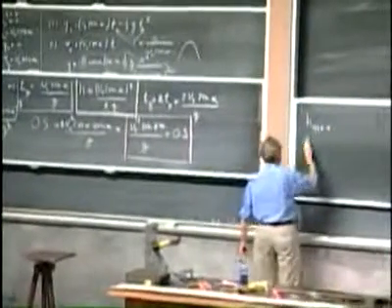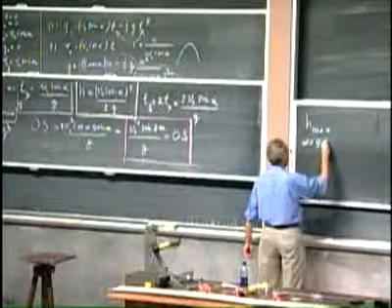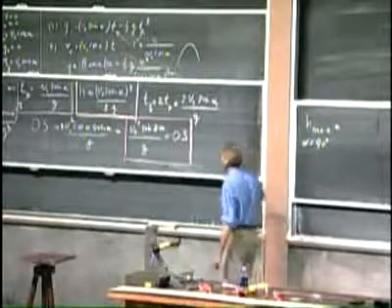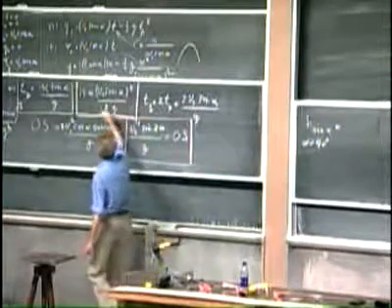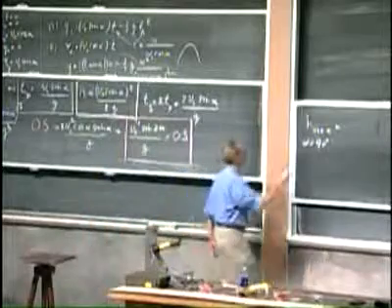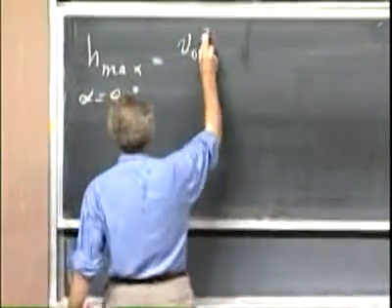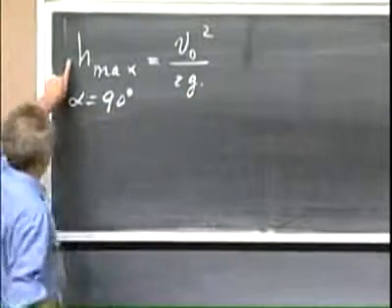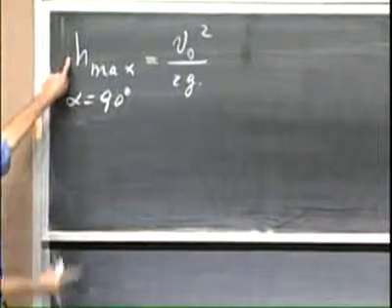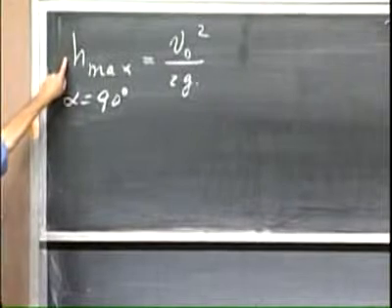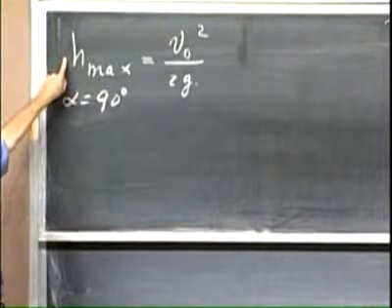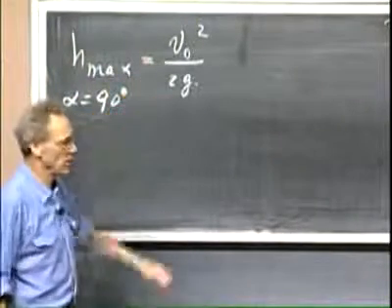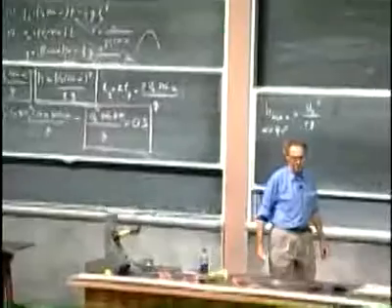It's going to be alpha equals 90 degrees, then the sine of alpha is 1, then the height is v0 squared divided by 2g. In other words, if I measure the height, if I shoot it up vertically, and you can measure that for me, you will see how I'm asking you to do that, then we can calculate v0 squared.